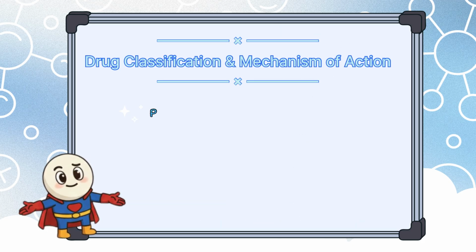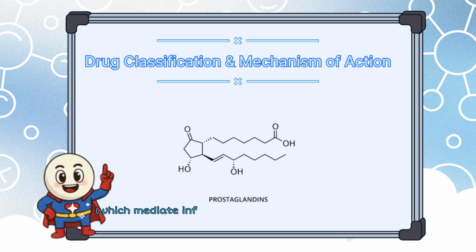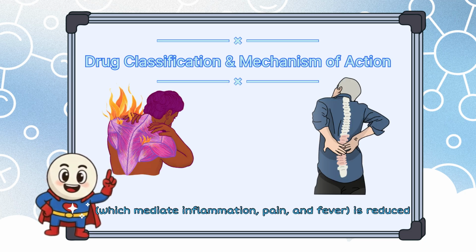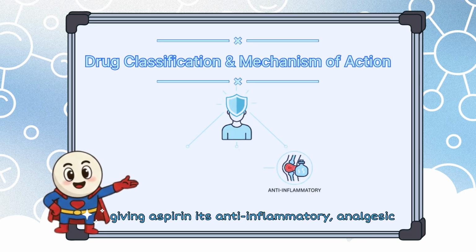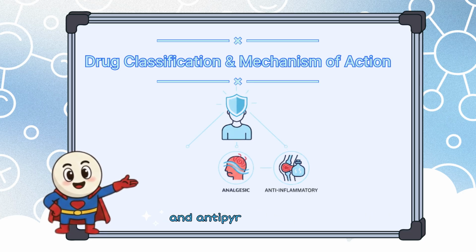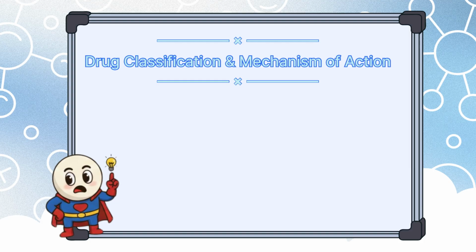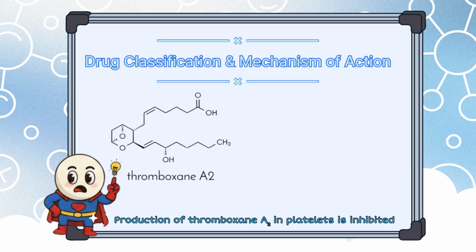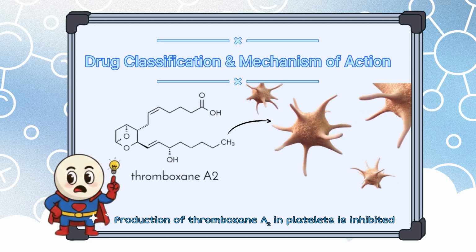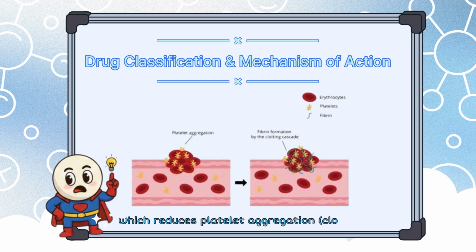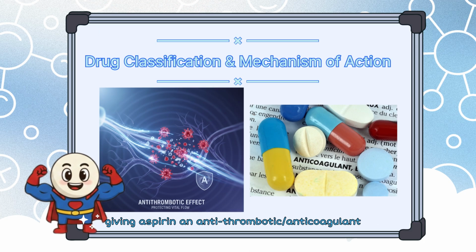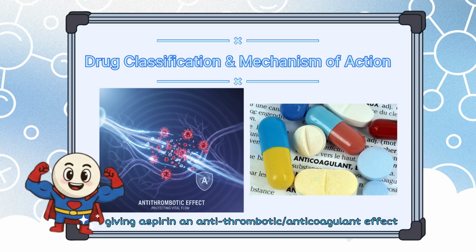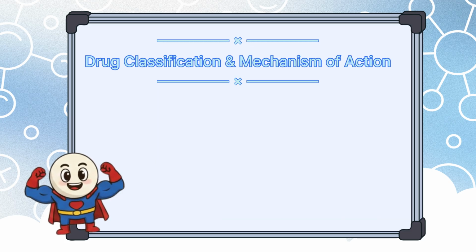As a result, production of prostaglandins, which mediate inflammation, pain, and fever, is reduced, giving aspirin its anti-inflammatory, analgesic, and antipyretic effects. Production of thromboxane A2 in platelets is inhibited, which reduces platelet aggregation or clot formation, giving aspirin an antithrombotic or anticoagulant effect.